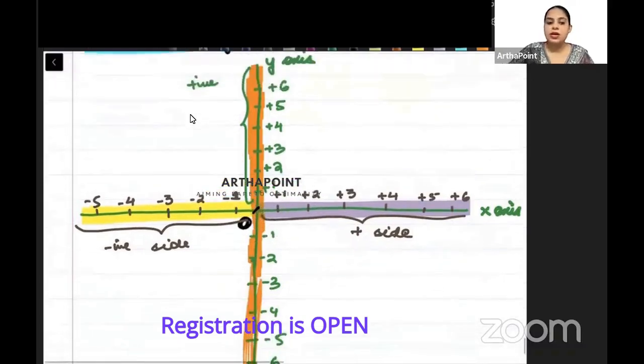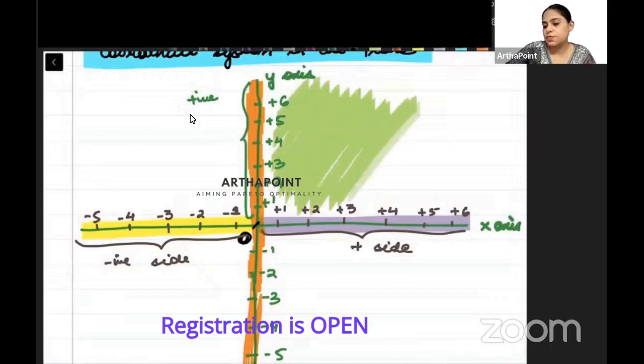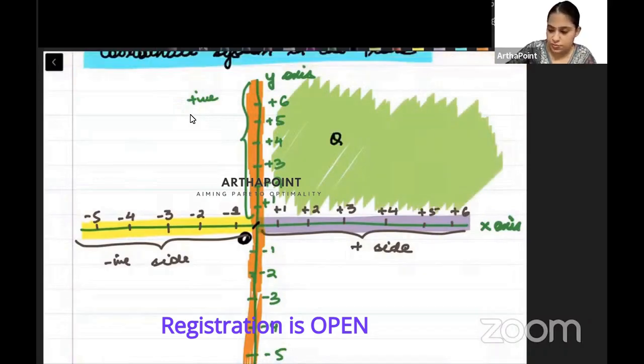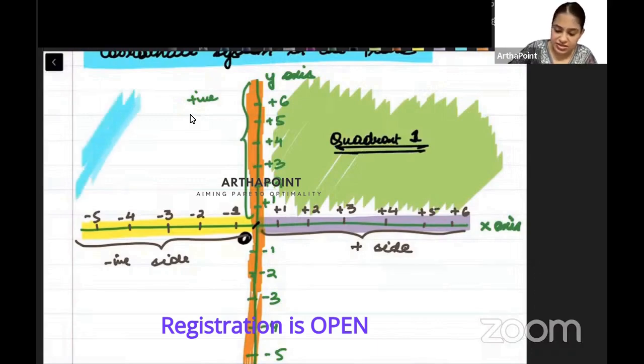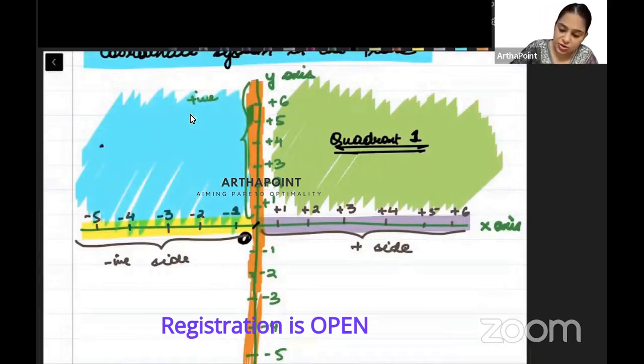ठीक है. But this part, जहां पे x and y is positive, where x and y are both positive, that is called as the first quadrant. ठीक है. This part, जहां x negative होता है but y positive, this is called as second quadrant.